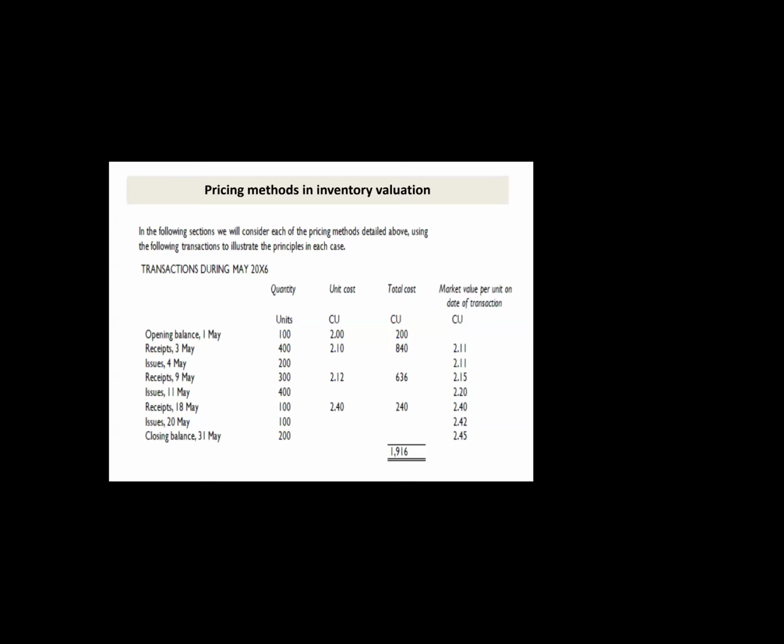Keep in mind we are solving this problem under first in, first out, that is the FIFO method. So opening balance on 1 May is 100 at the rate of taka 2. Total cost is 200. We received on May 3, 400 at the rate of 2.10.